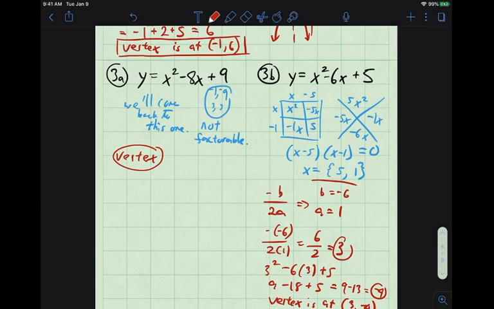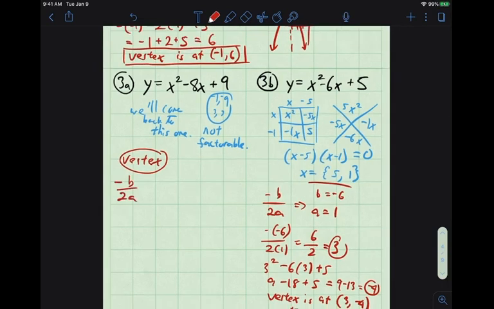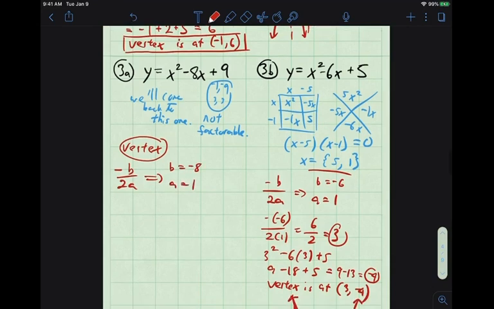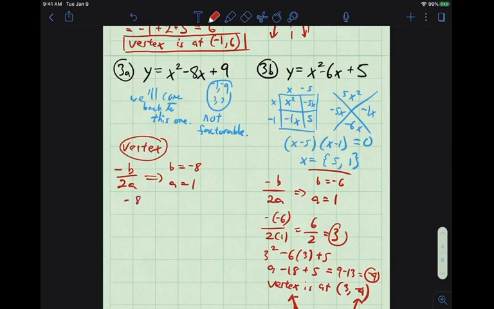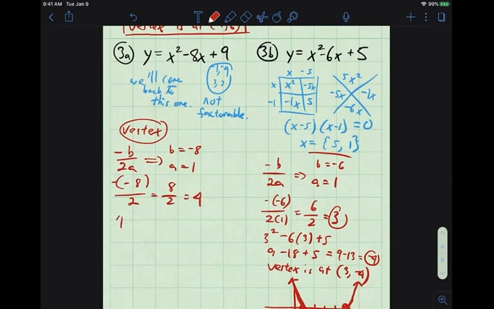So vertex, -b over 2a, b is equal to -8, a is equal to 1. -(-8) all over 2. 8 over 2 gives us 4. 4 squared minus 8 times 4 plus 9. 16 minus 32 plus 9 gives us -16 plus 9, -7.